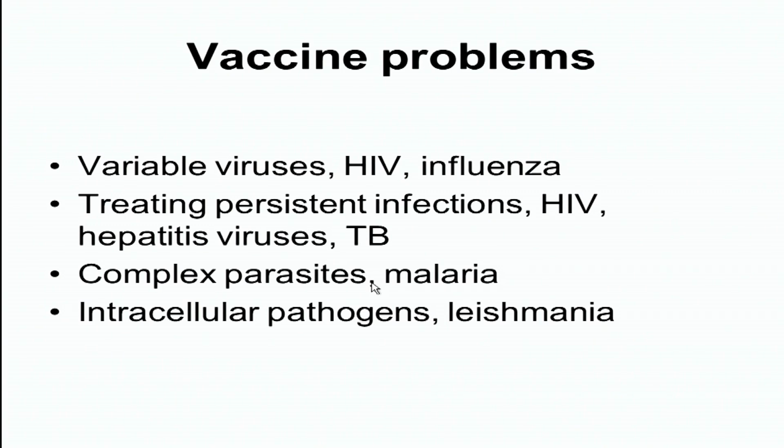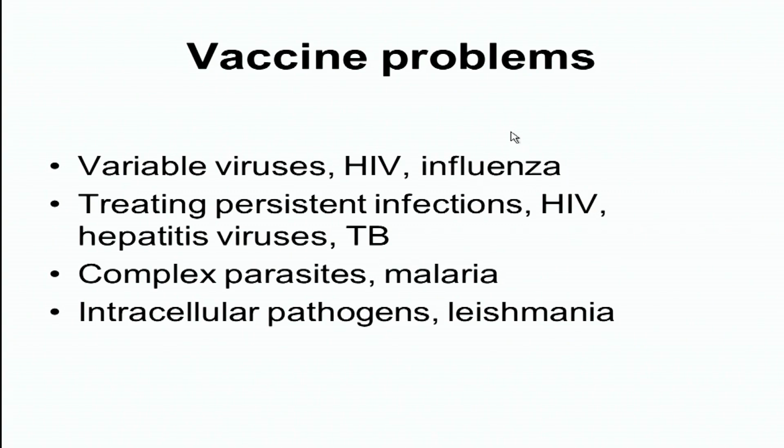But we have a series of diseases now on the radar that are actually very difficult to treat by vaccination. One of them, as you know, is influenza. This comes back every winter with some scare story about terror influenza. HIV itself is very difficult to treat. Both of these viruses vary considerably.